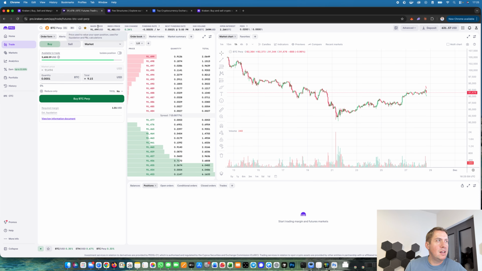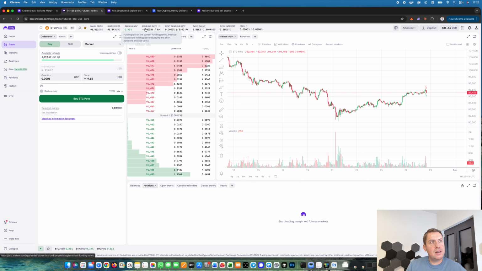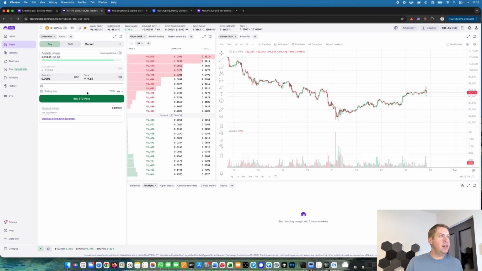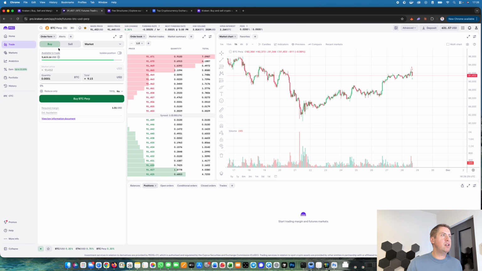So if you would stay in a BTC long position, I would roughly estimate that the funding rate that you're paying during that year is basically 10%. And yeah, if we were short right now, we would actually pay that. And if the funding rate would be positive and we were short, we would receive it. So you can always farm funding. And that's basically it in terms of trading.